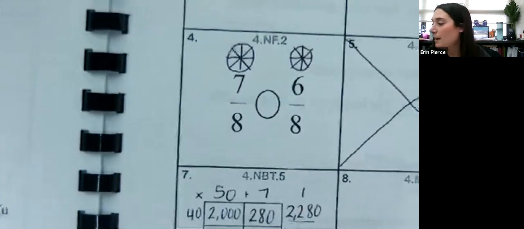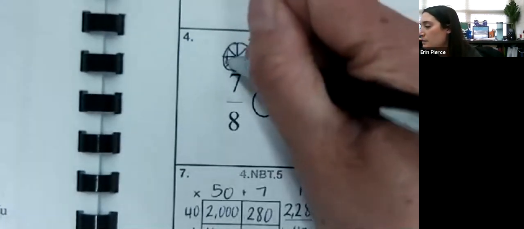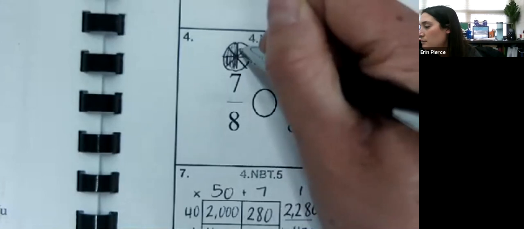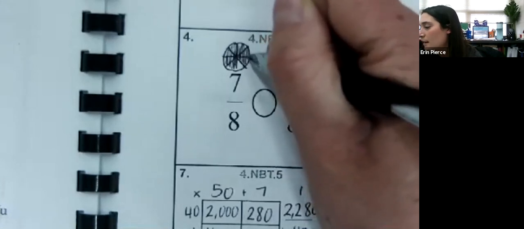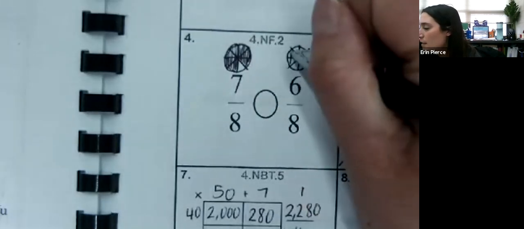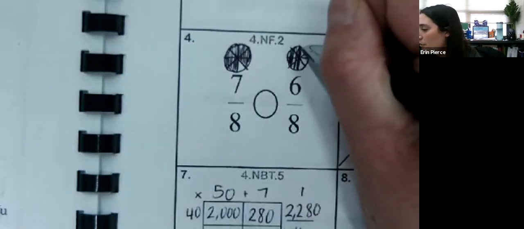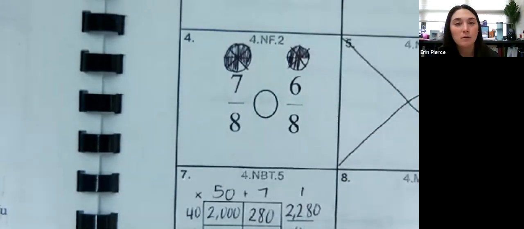And let's say this 7 out of 8 pizzas have been eaten. And this one is 6 out of 8 have been eaten. Which one has more pieces eaten, I should say? 7/8 or 6/8? Kira. 7/8. So I need to put the greater than symbol.